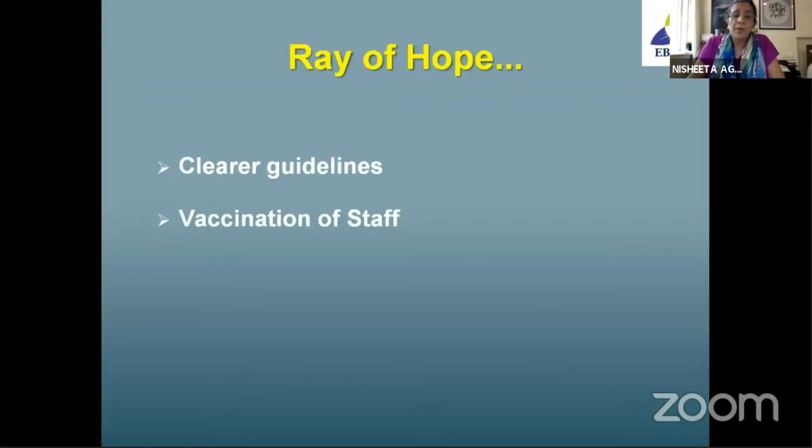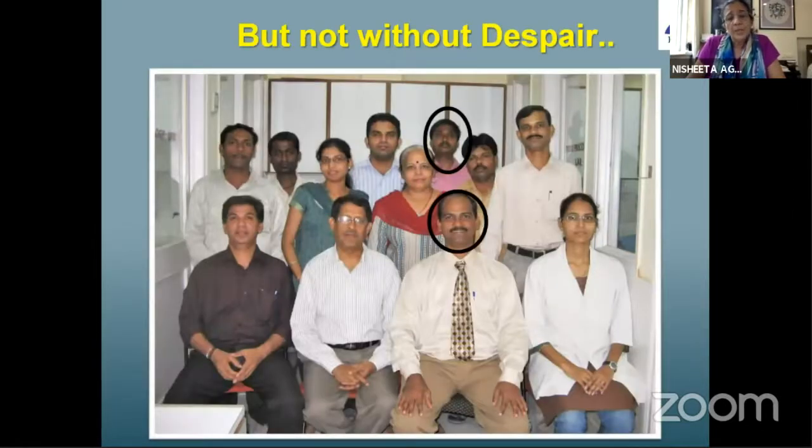So the ray of hope came in the form of clearer guidelines as to which tissue was good enough to collect. The vaccination of staff also gave us confidence that our staff can go and collect these corneal donations. Next slide. But the hope did not come without despair, because during COVID-19, we lost two of our best technicians, Dr. Rupesh Chauhan and Deepak Salunke.